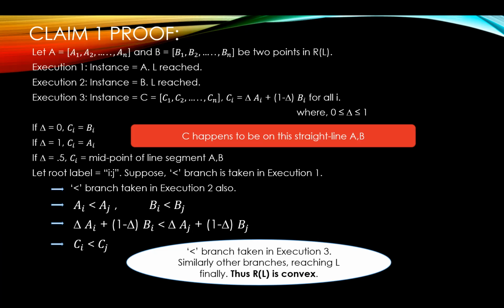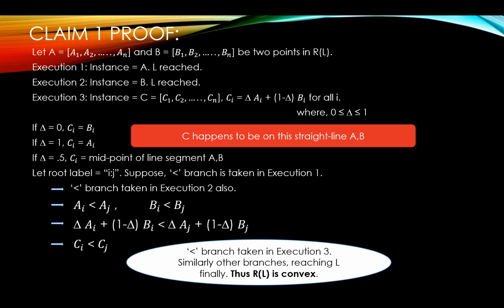In execution 3, we will take a little bit twisted instance. The instance is C, where we'll consider a point C defined as Ci equals delta times Ai plus 1 minus delta times Bi for all i, and we'll restrict delta to the unit interval, where delta lies between 0 and 1.